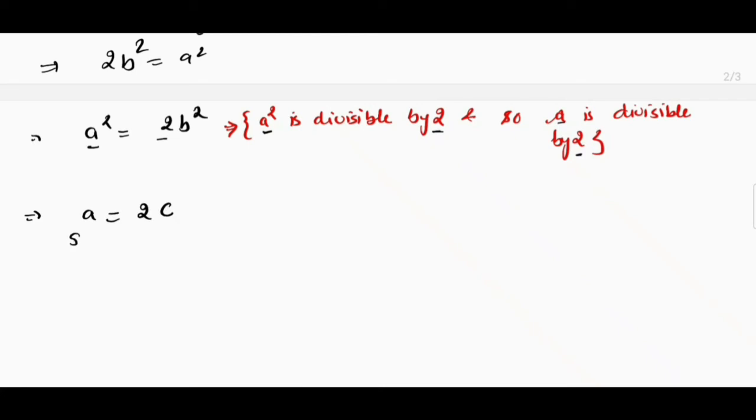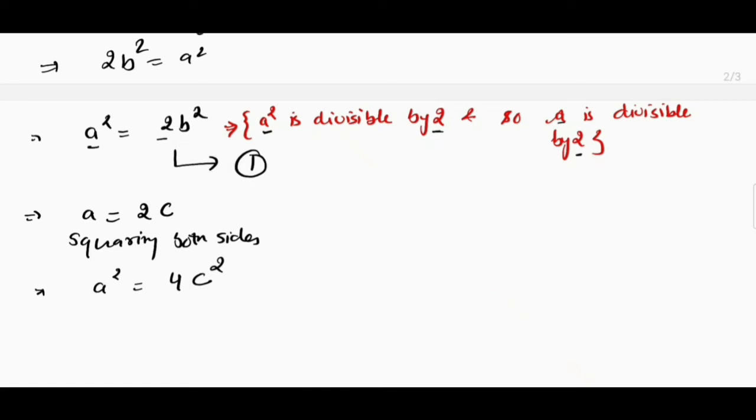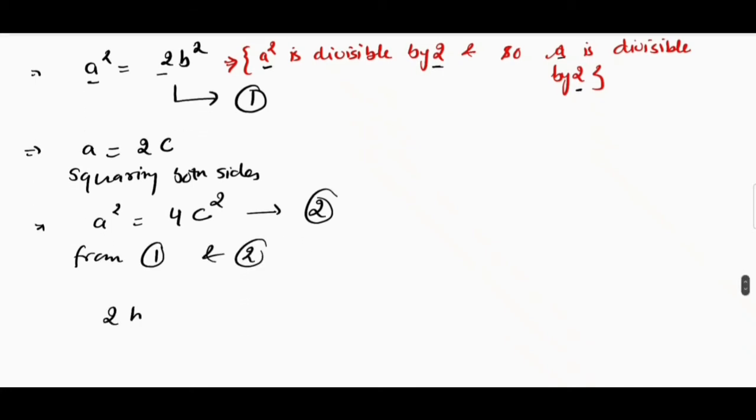Squaring both sides, what will we get? a square is equal to 4c square. Let me mark this equation as my first equation, and I'll take this as my second equation. From 1 and 2, we get that 2b square is equal to 4c square.